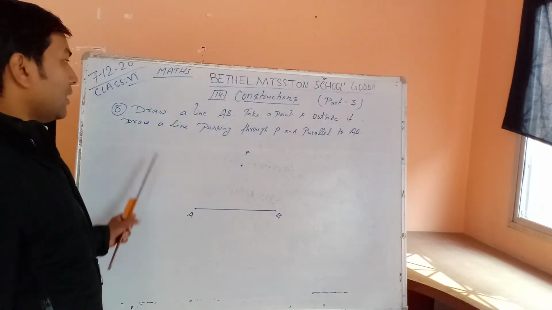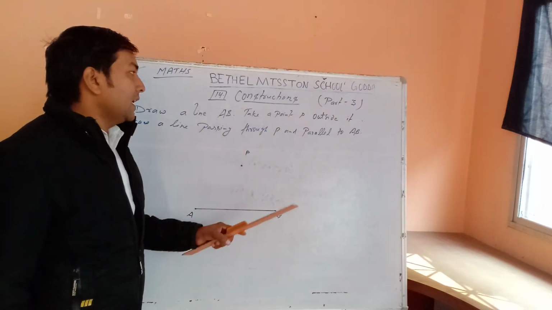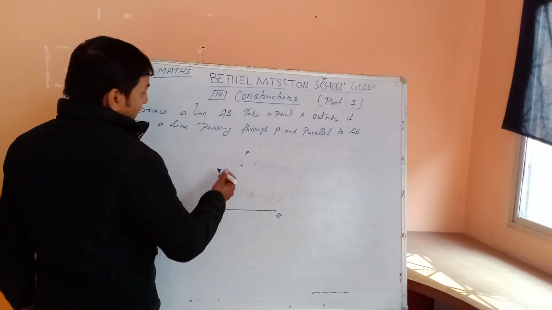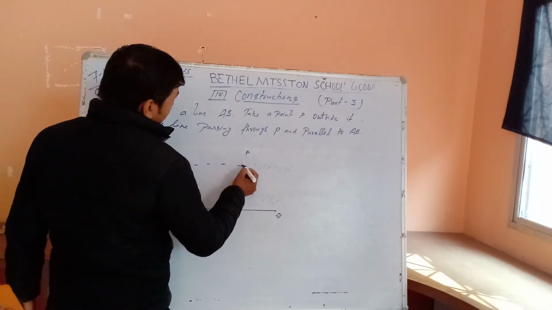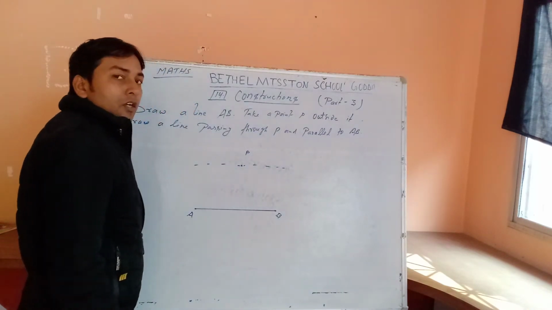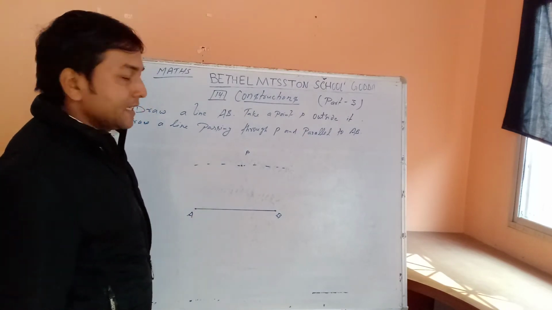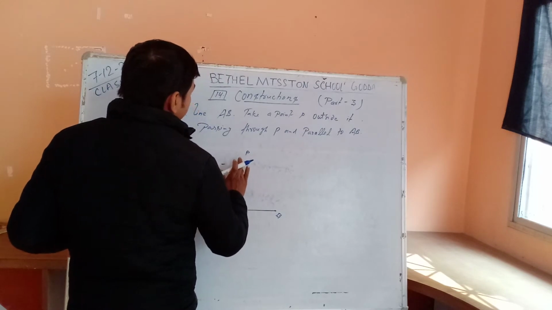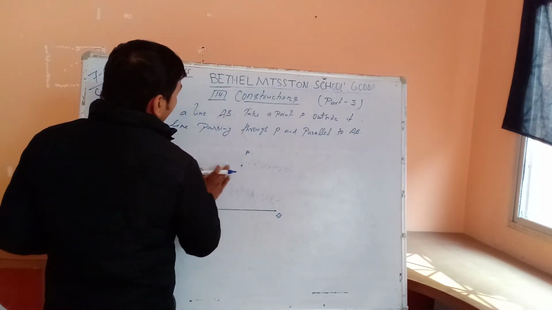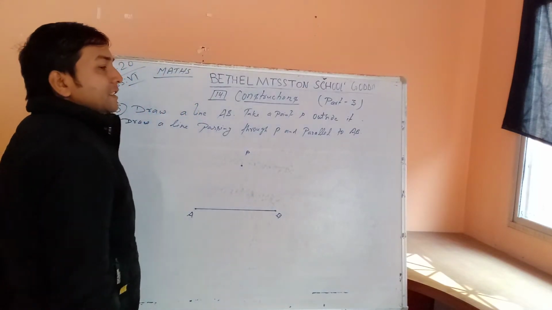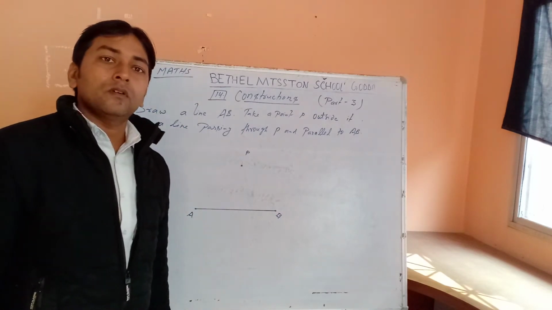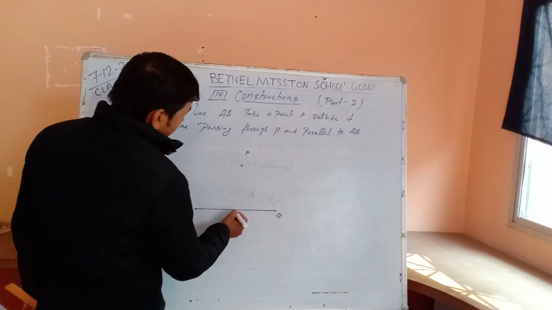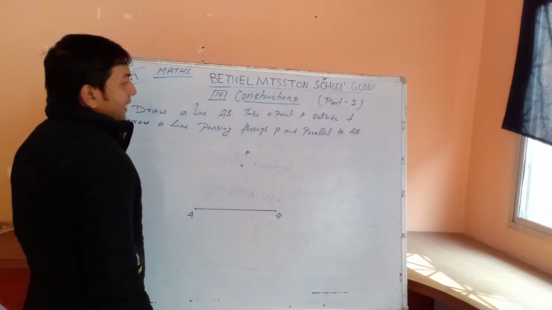And now draw a line passing through P and parallel to AB. It means the line should be like this. So how can you draw that parallel line? First step, take any point on AB.